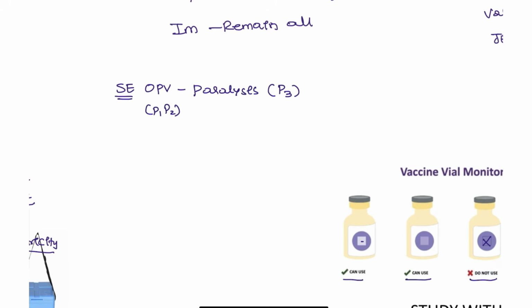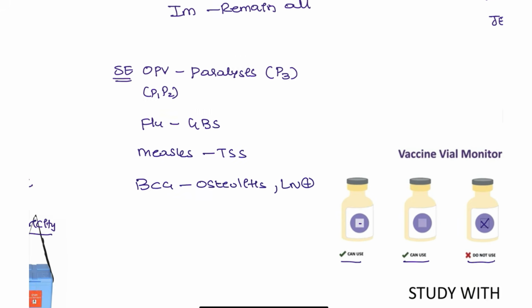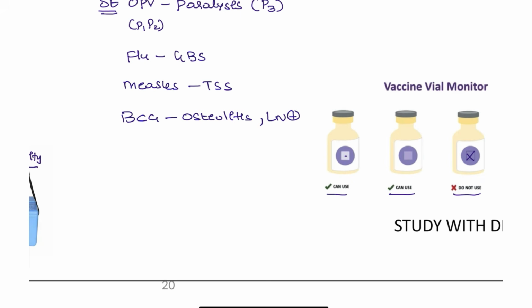Next, flu vaccine can cause Guillain-Barré syndrome. Measles vaccine can cause toxic shock syndrome, and BCG vaccine can cause osteitis. Okay, osteitis it can cause, plus lymphadenopathy, and brachial neuritis can be seen in these patients. And the DPT vaccine, with the pertussis component, can cause seizures.